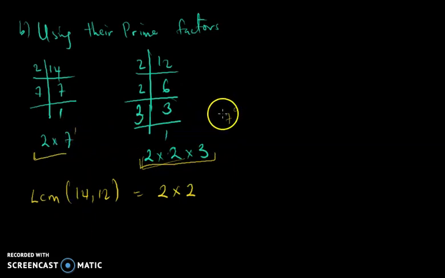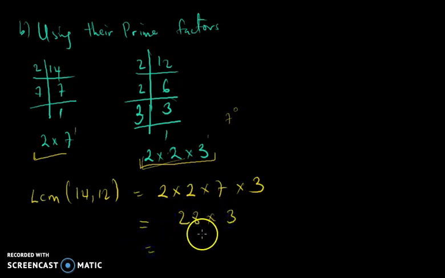Here 3 is present in 12 but not in 14, which is the same as 3 raised to the power 1, and in 14 it is raised to the power 0 because power 0 is 1. So 2 times 2 is 4, 4 times 7 is 28, times 3 gives 84.